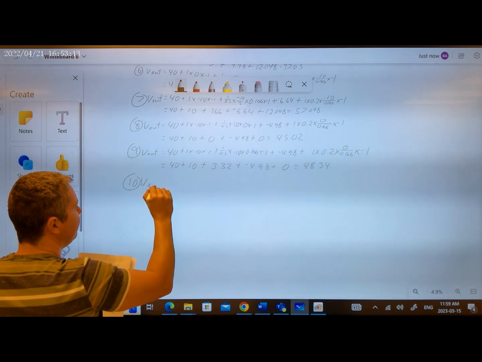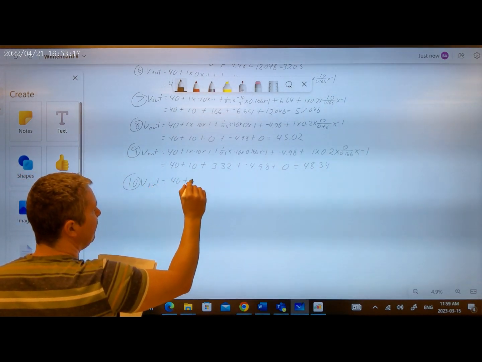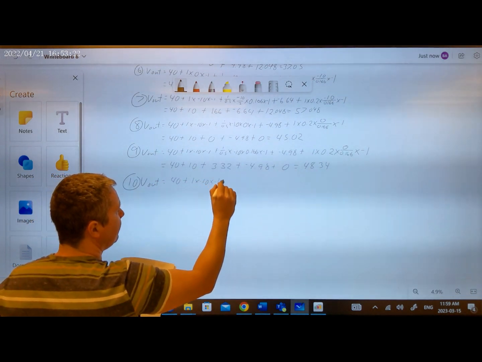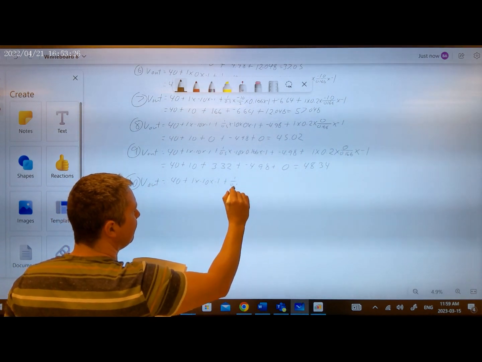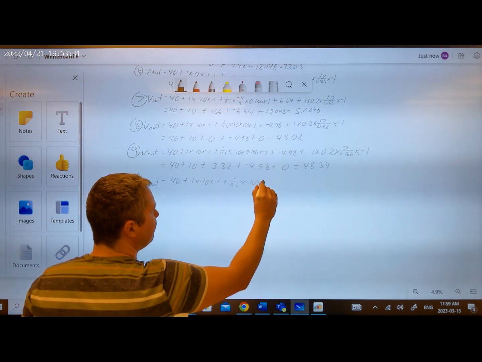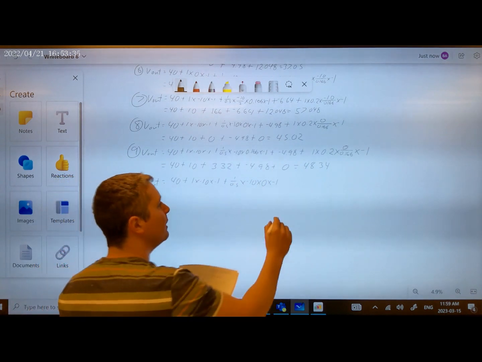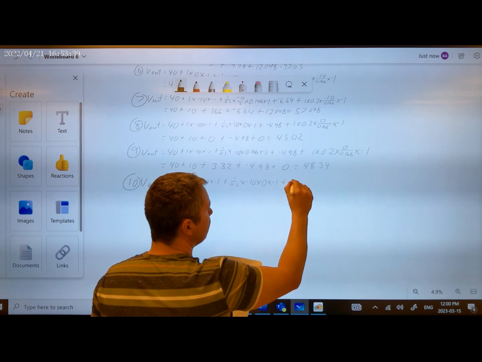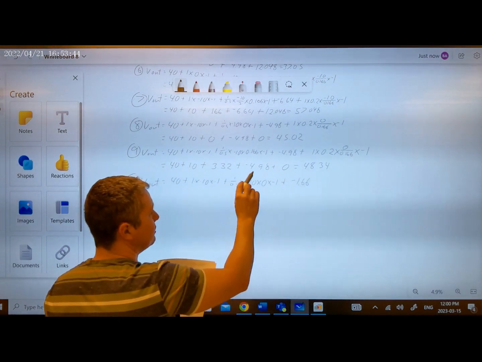10. V out equals 40 plus 1 times minus 10 times minus 1 plus our new integral of 0.15 times minus 10 with a time of 0 times direction of minus 1 plus our old integral of negative 1.66. We add those together.